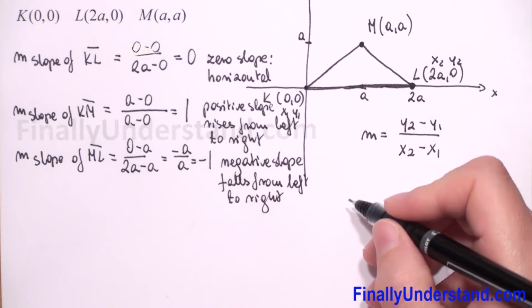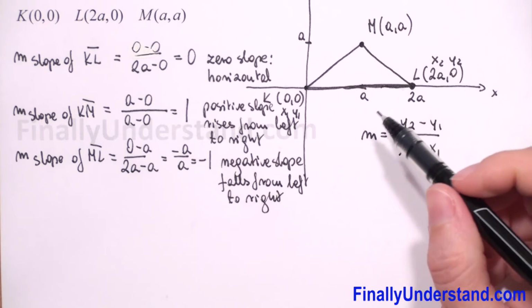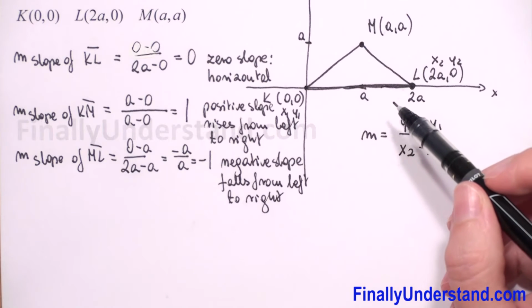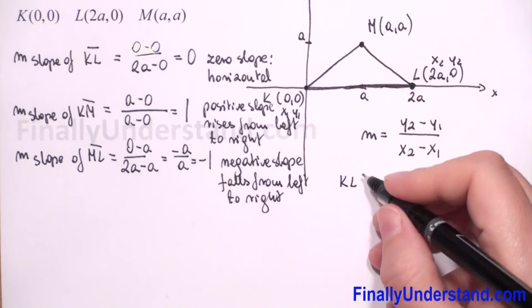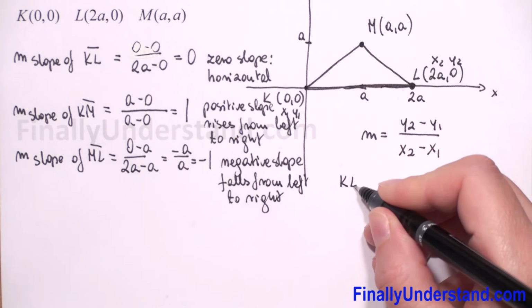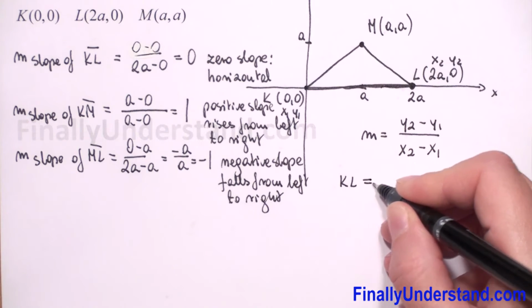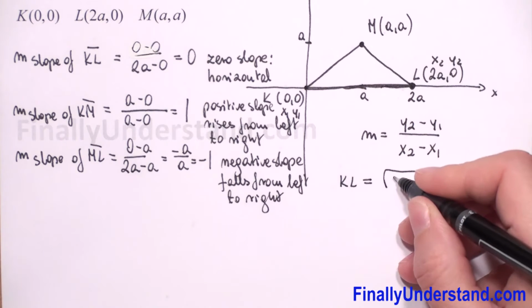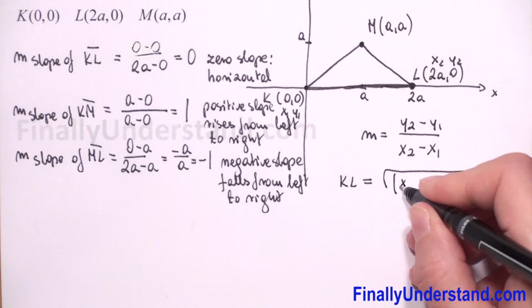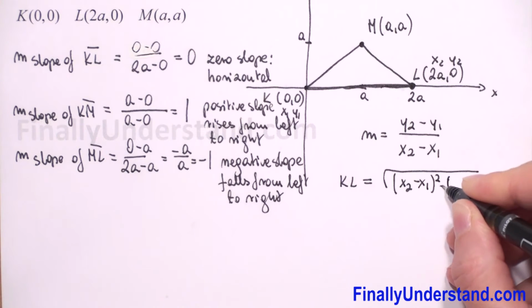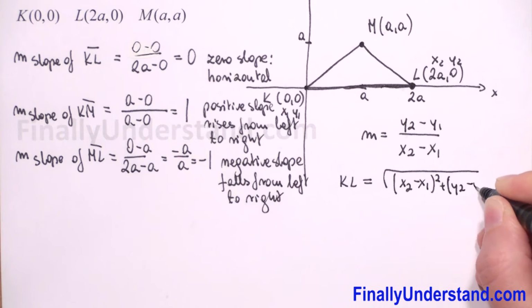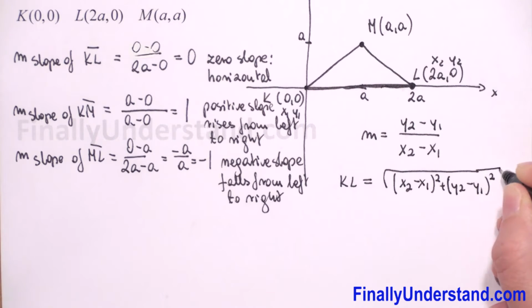So the distance between K and L points will be square root of, and we have x2 minus x1 to second power plus y2 minus y1 to second power. This is formula.